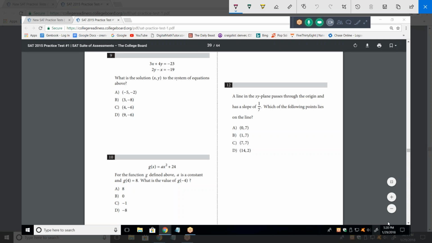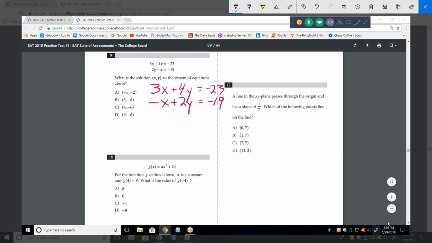In other words, right now I've got an x and a y, and this is a y and an x. So the first thing I want to do is, first of all, put both of them in standard format. Which means that is minus x plus 2y. Okay, now I'm ready to proceed.